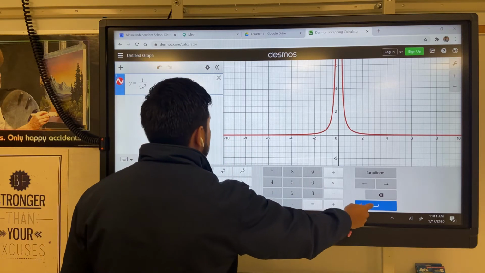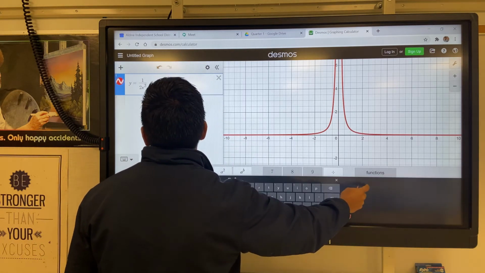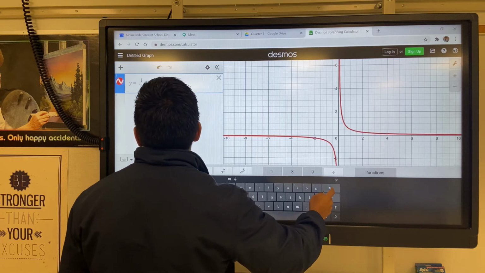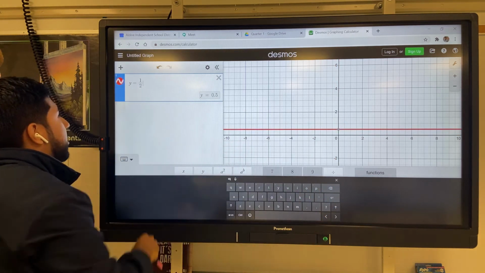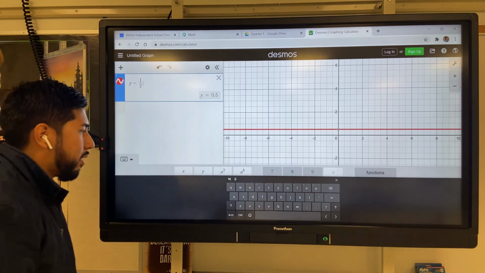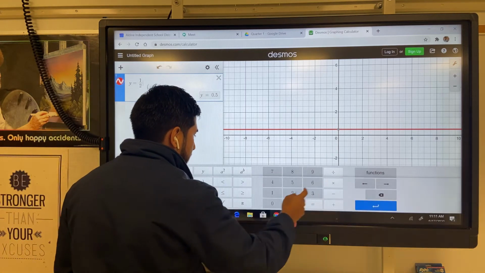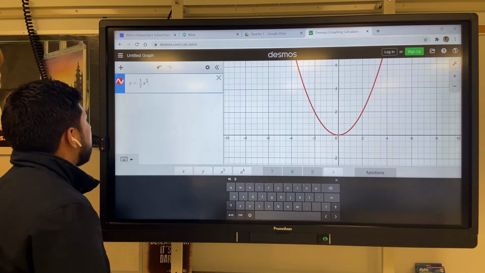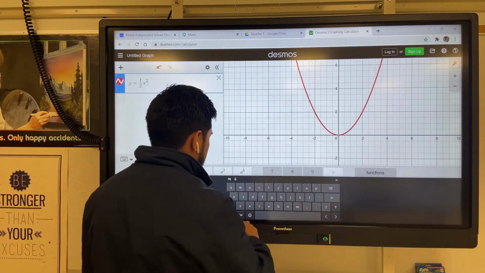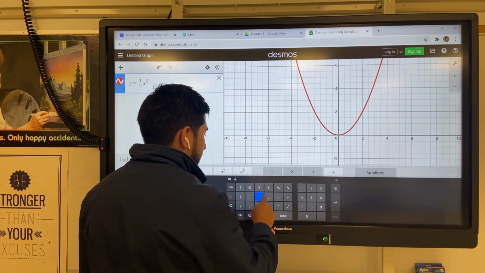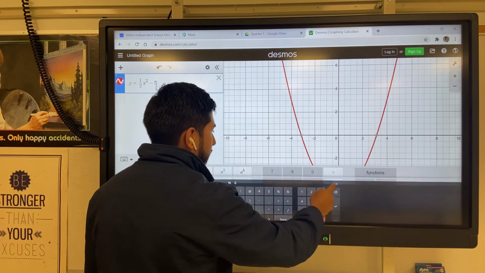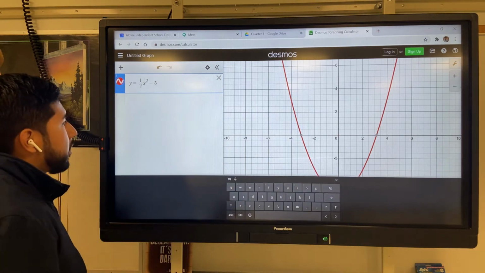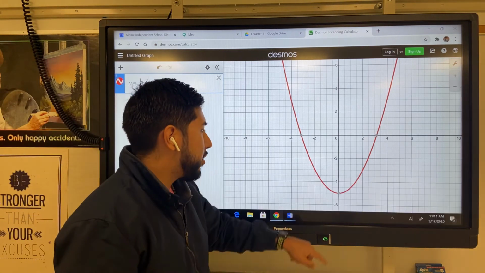You have to practice. I'm putting the x next to the fraction, not on the bottom, so be careful. x squared, and then we're going to do -5. Okay, so this is just an example, something similar to your quiz.